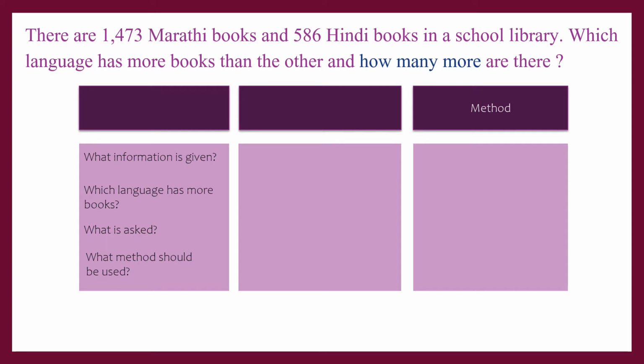The information given is Marathi books 1473 and Hindi books 586. Now the question asked is which language has more books. So can you find out which language has more books? Yes, Marathi.